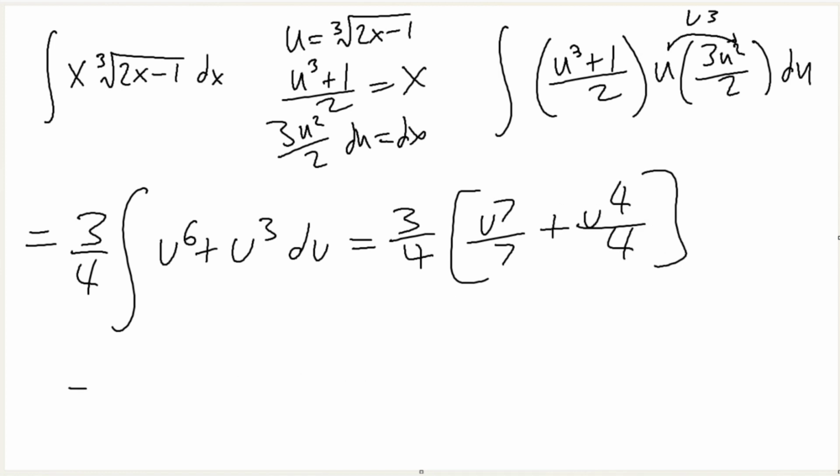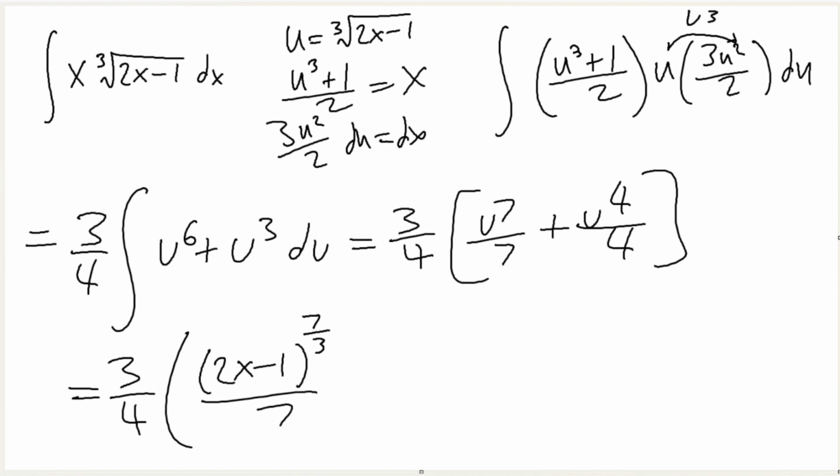Right? So our answer is just (2x minus 1) to the 7 over 3 plus (2x minus 1) to the 4 over 3.